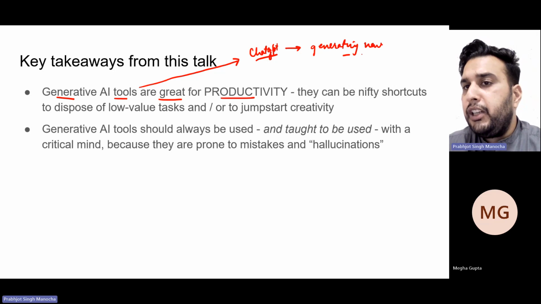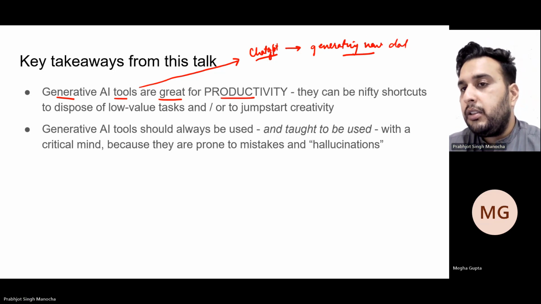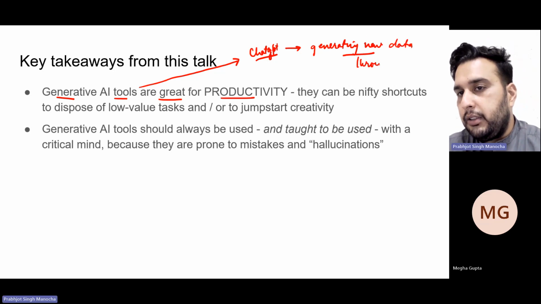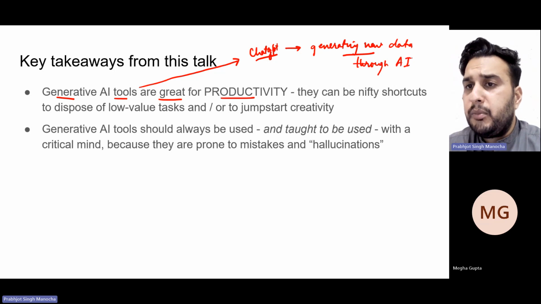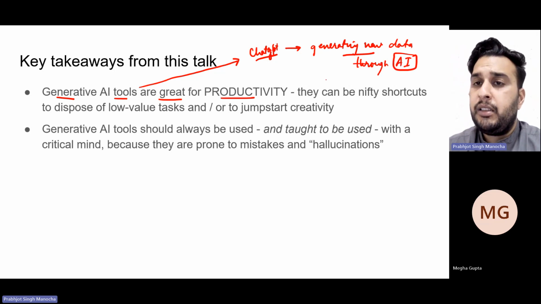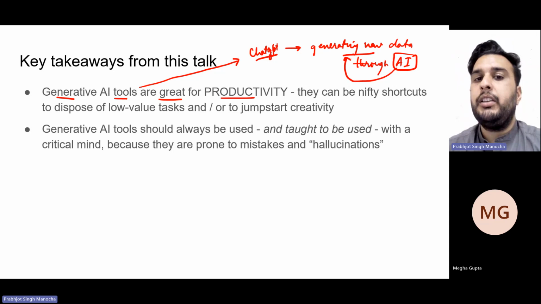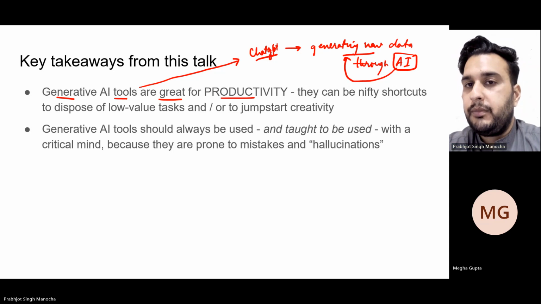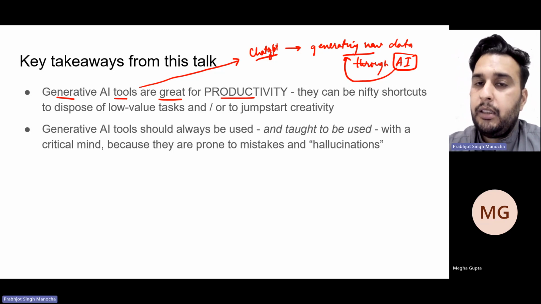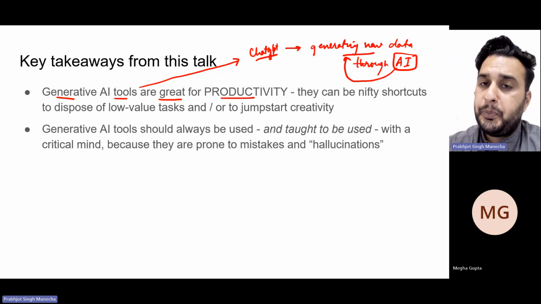And how is it generating new data? Through artificial intelligence, right? That means it has some sort of intelligence in it with which it is able to generate the new data, right? But if I talk more specifically, yes, there will be some algorithm.